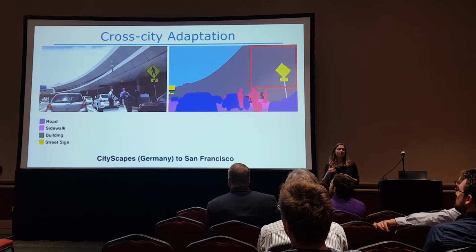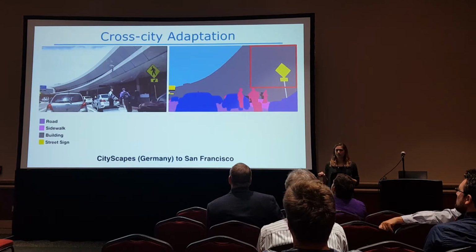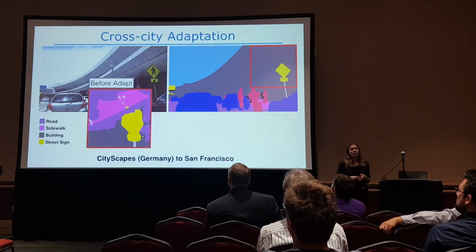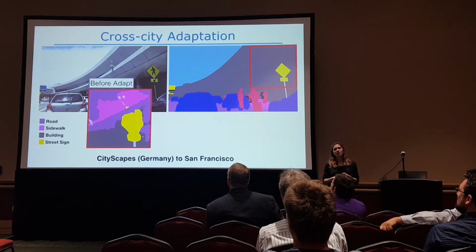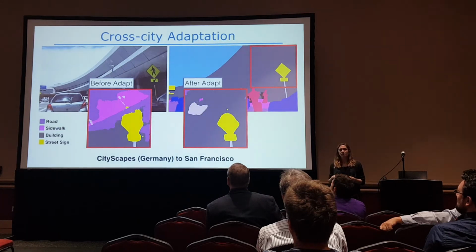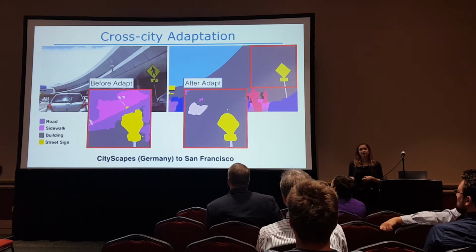And I'm going to zoom in on part of this image that looks at a concrete building. So before adaptation, you confuse this concrete building with things like sidewalk and road, which makes some sense. And then after adaptation, you're able to start recognizing this as the building that it is.